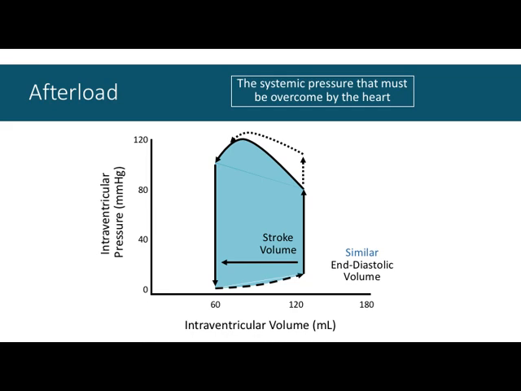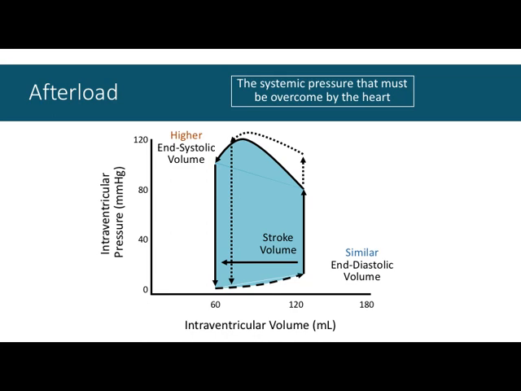So because there is a higher afterload, the pressure at which we start to eject blood is further into the contraction of the cardiac muscles. That leaves less ability for those muscles to shorten and eject blood during systole. The result of that is end systolic volume is higher.